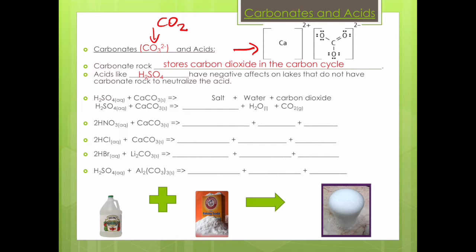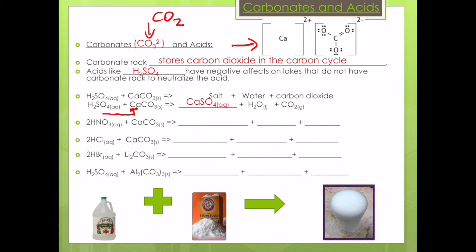It's going to do a number on that. So what happens? We're looking at a double replacement reaction. Calcium is a cation, so it's going to find its corresponding anion on this side in the reactants. So you get calcium sulfate.